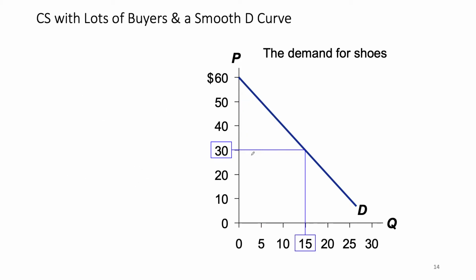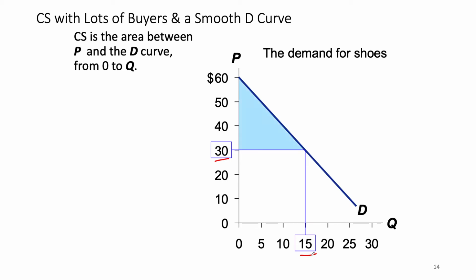All right. So when the price is 30 bucks, there are 15,000 units, because the axis is measuring in thousands of units. So when the price is 30 bucks, there's about 15,000 units worth of demand inside this market. Consumer surplus is the area below the demand curve and above the price.